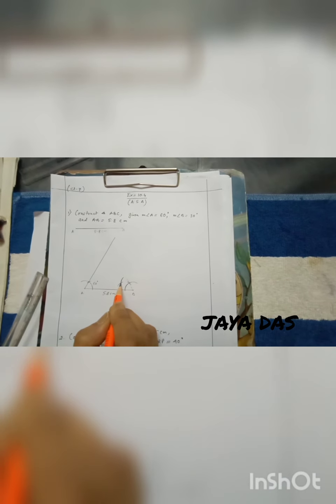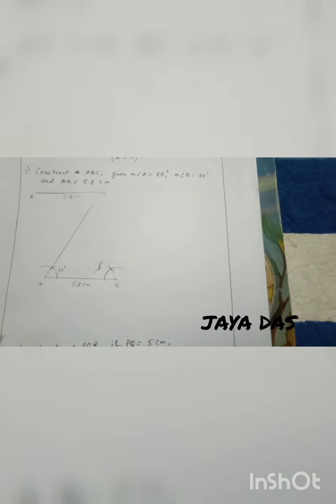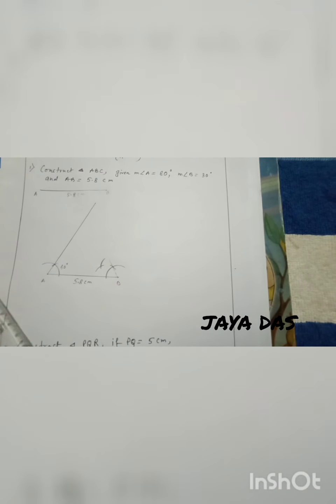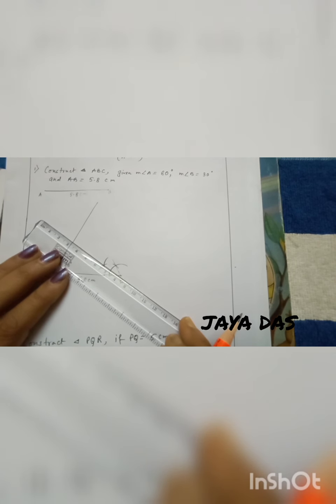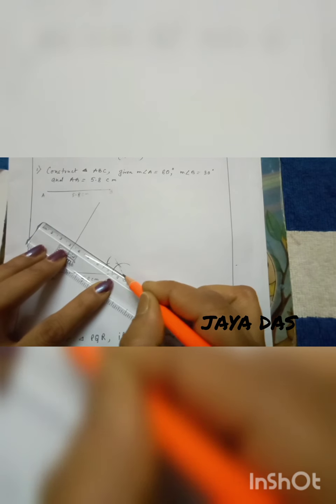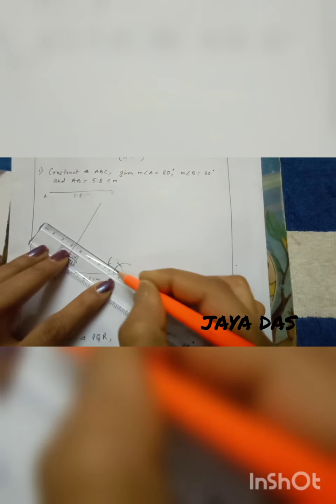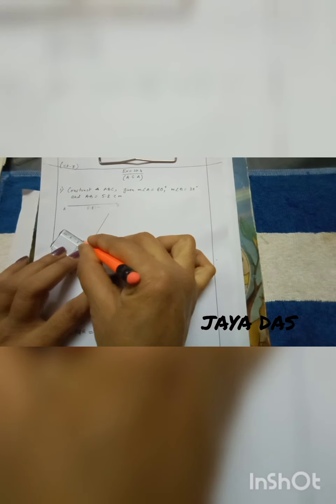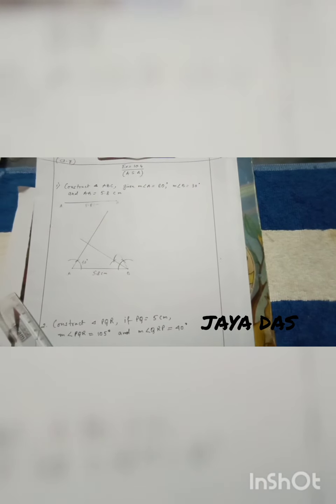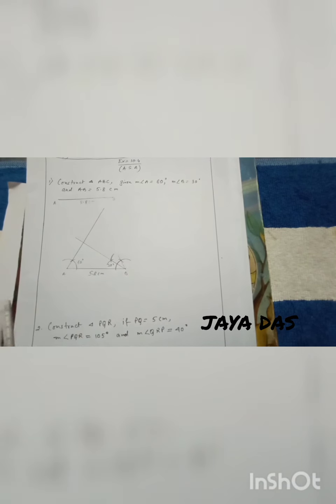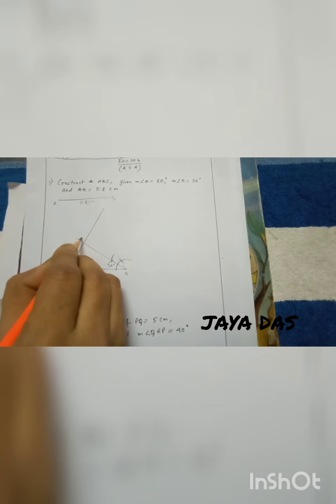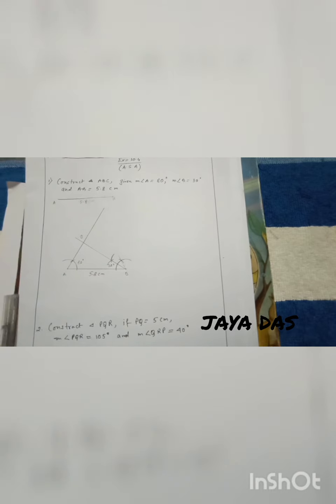Let these two arcs meet in this point, intersecting point you have to mark again, and this is 60 degree. Now join these two points and produce it. This is 30 degree. AB and this one is C.